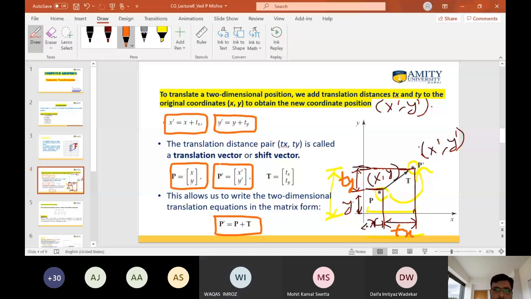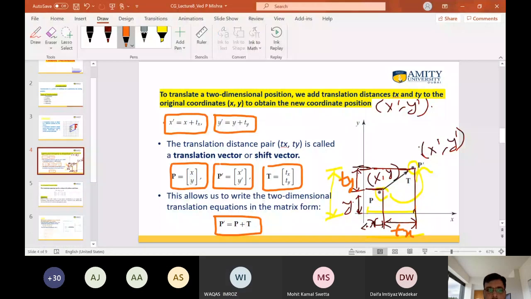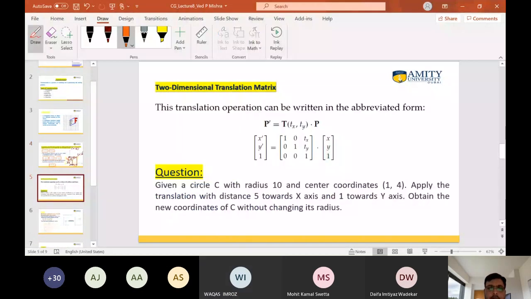And what is your translation or shift vector? Tx and Ty. So you can calculate the new points. There is no problem. Now, if you want to represent that in the form of a matrix, P dash equals translation.